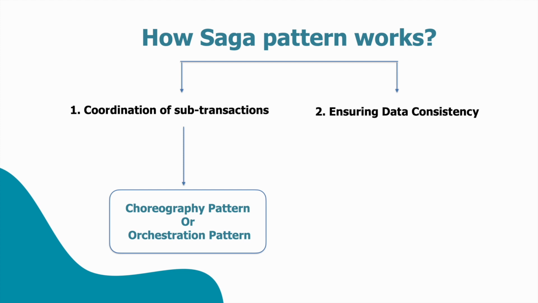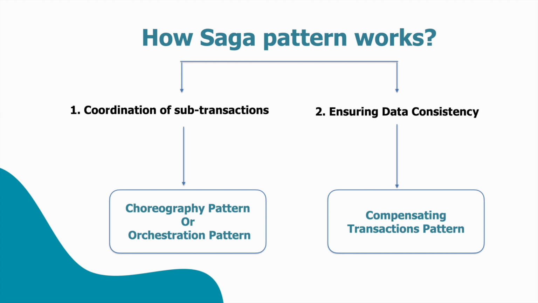It should not be that a payment has failed and the inventory has also been incremented, and we did not update it back to a previous successful state. The Saga pattern ensures that using compensating transactions, which is also a design pattern in itself. We'll learn about the compensating transactions pattern also, but this is how the Saga pattern internally works.